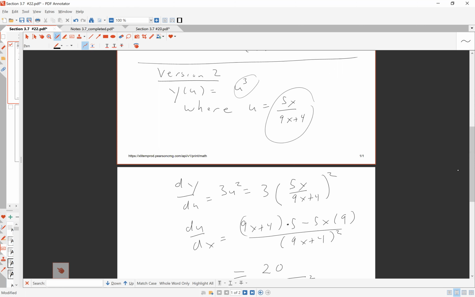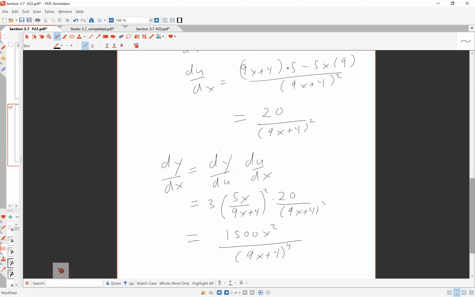So it's 5x over 9x plus 4 quantity squared. And then we have du dx. We did that calculation already, and it turns out it's 20 over 9x plus 4 squared. And now you just multiply them together. dy dx is dy du times du dx.